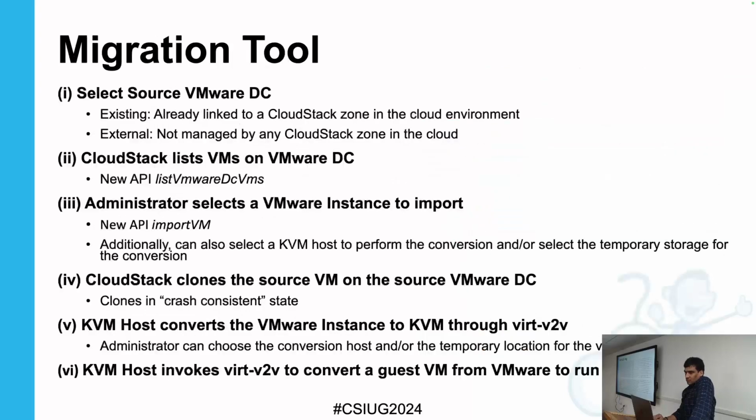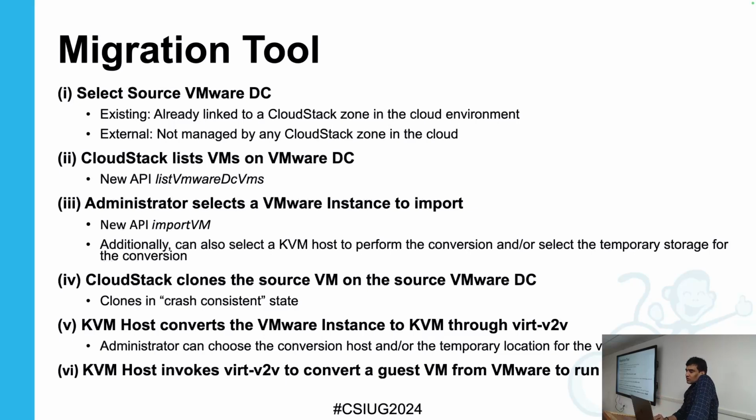And yes, for this conversion process in 4.19, a migration tool was introduced in the GUI. That provides a facility to select a VMware data center through the credentials, and you can specify either it is an existing vCenter which is managed by CloudStack, or an external vCenter, and then you can see the list of VMs within the data center.